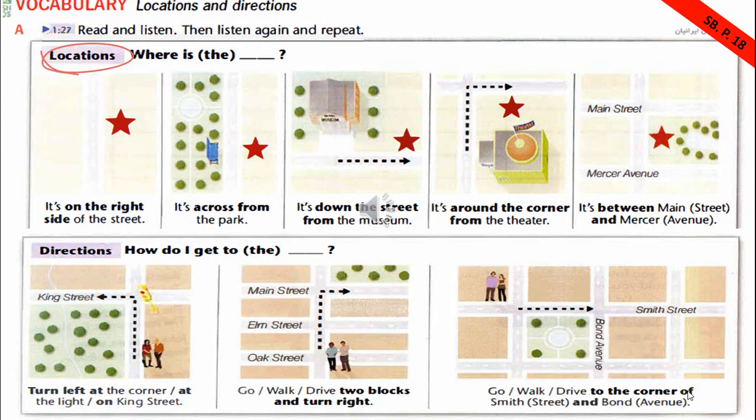Turn left on King Street. Go 2 blocks and turn right. Walk 2 blocks and turn right. Drive 2 blocks and turn right.